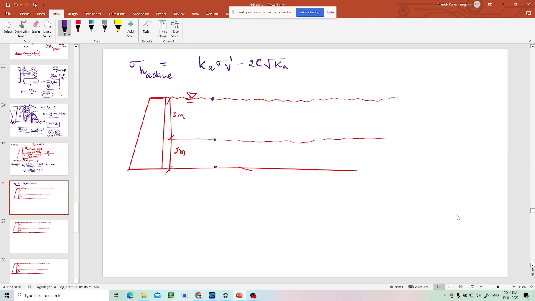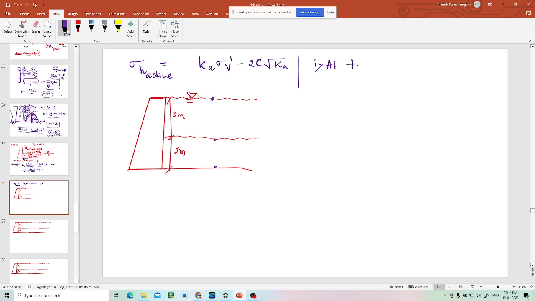So first, at the top, we have to find sigma v dash.